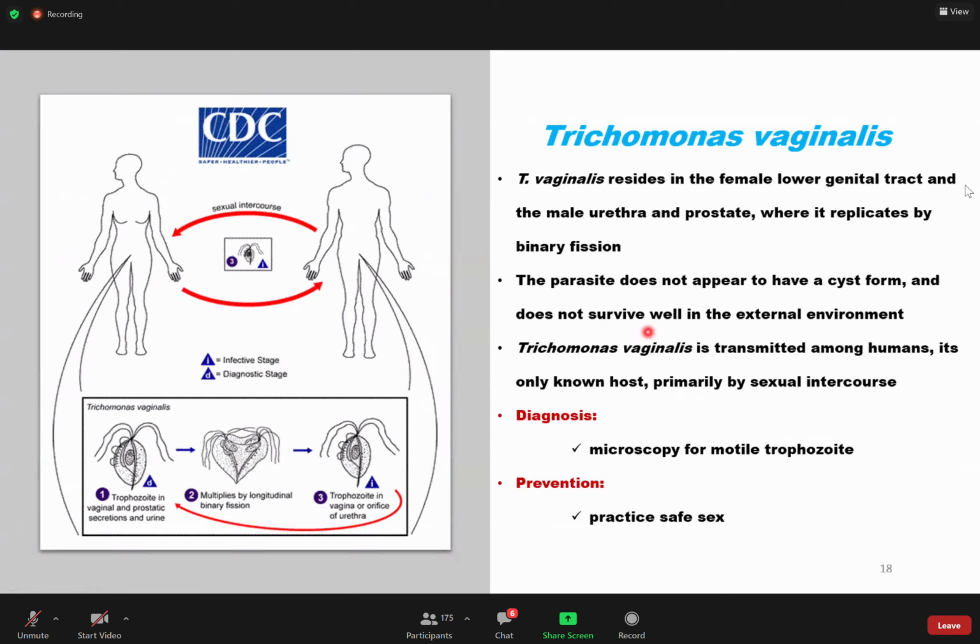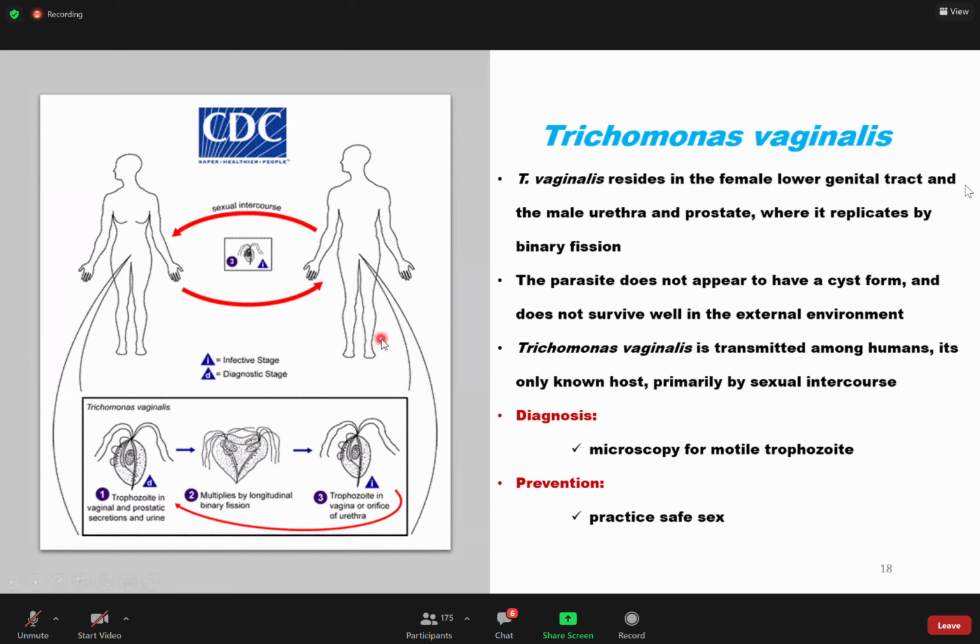Another protozoan parasite that is important is Trichomonas vaginalis. And from the name, you can guess the tissue that is involved, the genital tract, right? It can cause infection in both females and males. In males, it tends to be found in the urethra and the prostate. It tends to divide by simple binary fission.